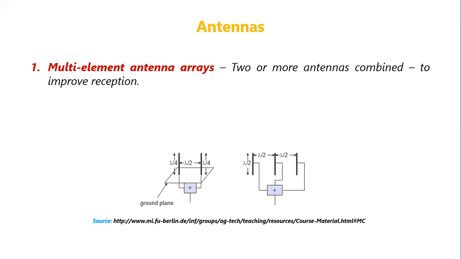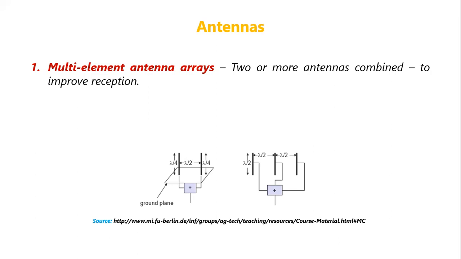Because normally, when an electromagnetic signal is getting transmitted, it goes through different types of distortions like reflection, refraction, all these things happen. So one antenna may not receive everything perfectly.